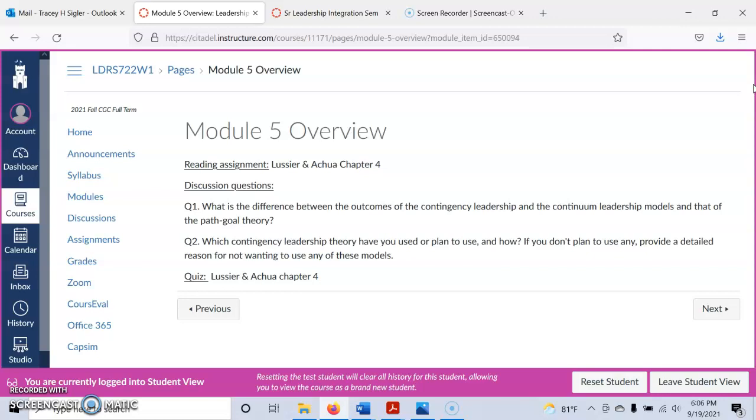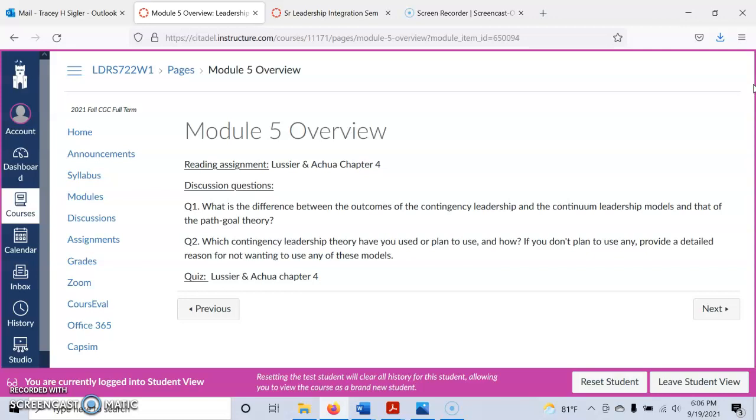Then we moved to trying to figure out what was the best leadership style and figured out that sometimes it had to do with focus on the task, sometimes it had to do with focus on the people. And that kind of led us to this chapter, which is the contingency approach to leadership, which basically says the best leadership style or approach depends on specific characteristics of the situation, whether it's the task, or the people involved, or something about the situation.